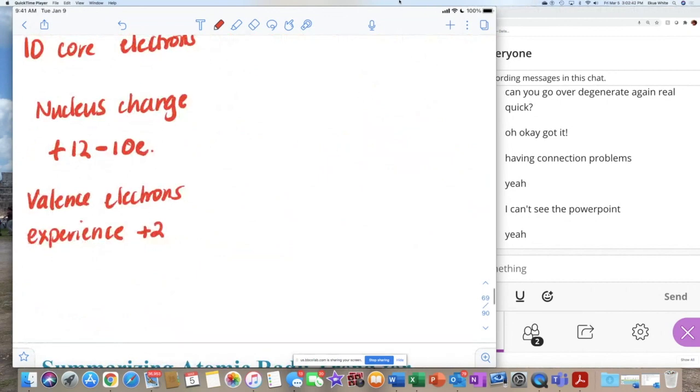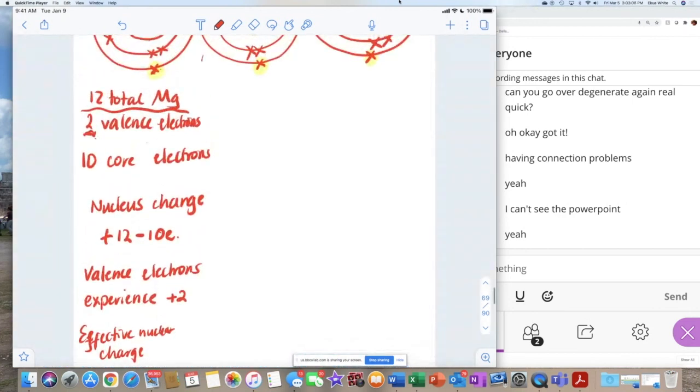Effective nuclear charge, my bad. Plus 2 effective nuclear charge. This is a leftover charge they experience after you bring in the inner electrons, the ones that have quote unquote better seats. So I'll call it here effective nuclear charge. I can't write smaller.